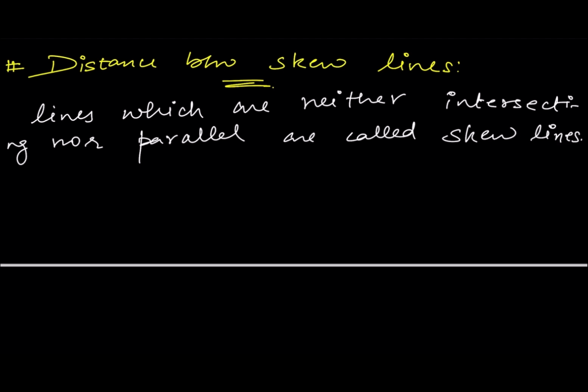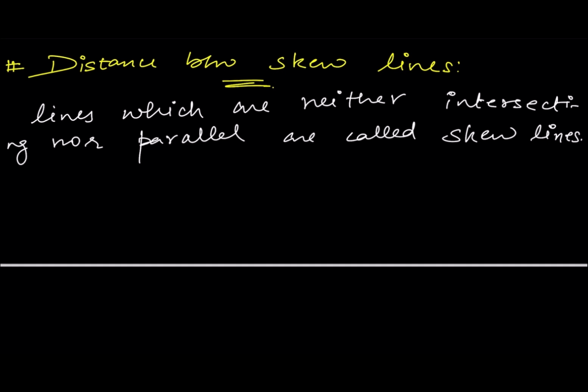This case is only possible in 3D because in 2D lines are either intersecting or parallel. So we have to find the distance between skew lines in this case.